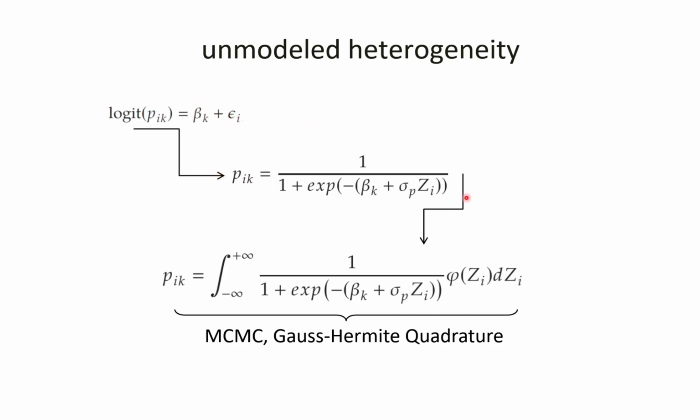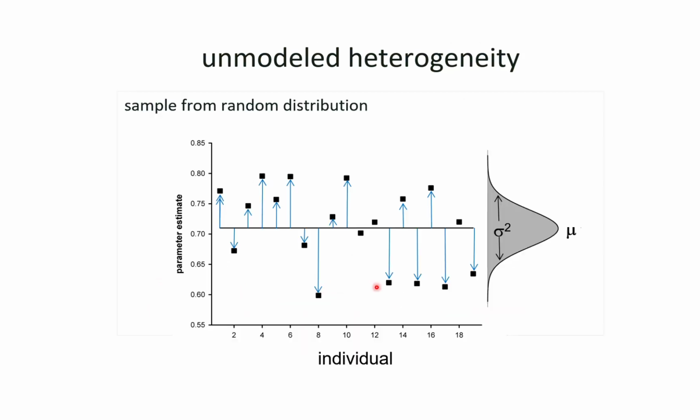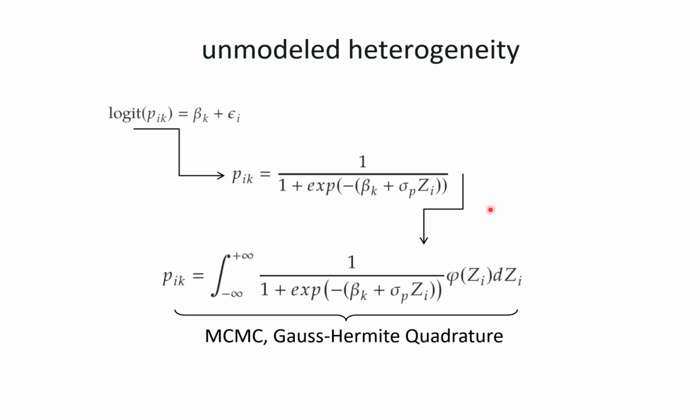So what we're imagining is that each individual has its own little probability, its latent probability, and it's sampled from a distribution. So what this gobbledygook down here is doing is something called integrating out the individual differences. It's integrating out this function. It's calculating the integral, essentially, of this distribution.